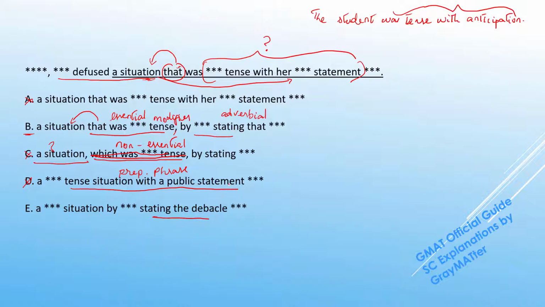So if you notice the difference between B and E, we have stating that something versus stating the debacle itself. So it's understandable that we need to say that she diffused the situation by stating that the debacle was something. If we don't have this that clause, it will simply become she stated the debacle, and that does not make sense. E goes off. This leaves us with the right logical answer, B for Bravo.